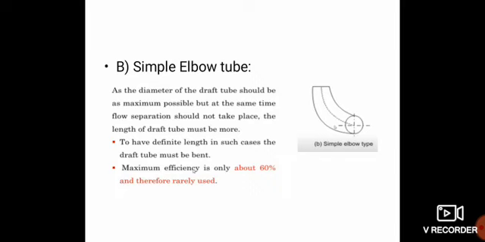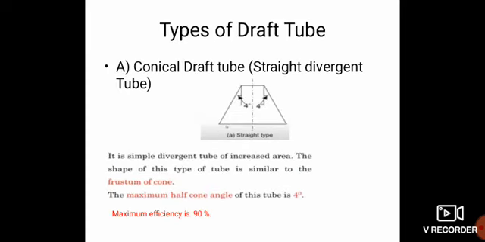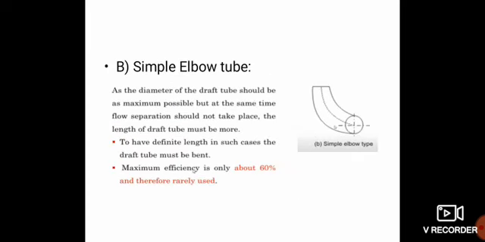The length of the draft tube must be more, so to have a defined length in such cases, the draft tube must be bent. The maximum efficiency is only about 60%, and this type of tube is rarely used. The conical draft tube is basically used in real practice.